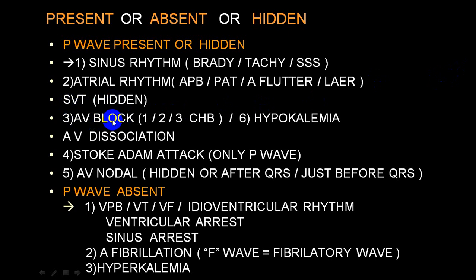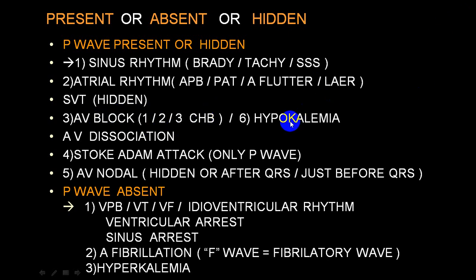In AV block, whether first degree, second degree or third degree, P wave is present, but the P wave rate is different. In second degree, Mobitz type 1, Mobitz type 2, you will have the presence of P wave, but the P wave may not be related to the QRS complex.